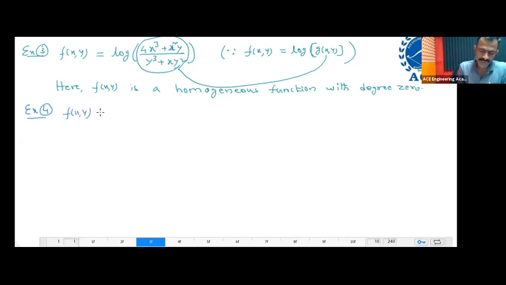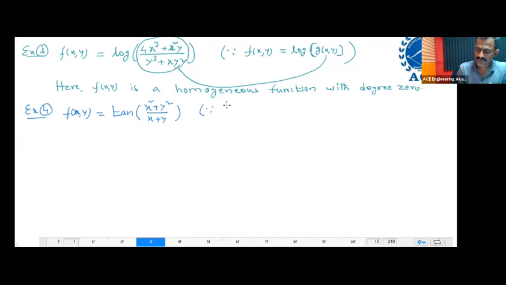F of x comma y equal to tan of x square plus y square divided by x plus y.